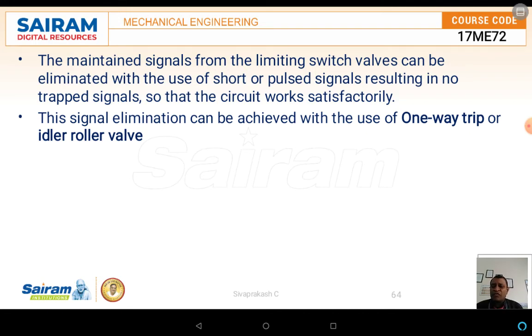The small amount of trapped air in the cylinder has to be removed by using a pulsed signal, resulting in no trapped signal. This can be done by using a pulsed signal in the circuit. The signal elimination can also be achieved by using a one-way trip or an idler roller valve.